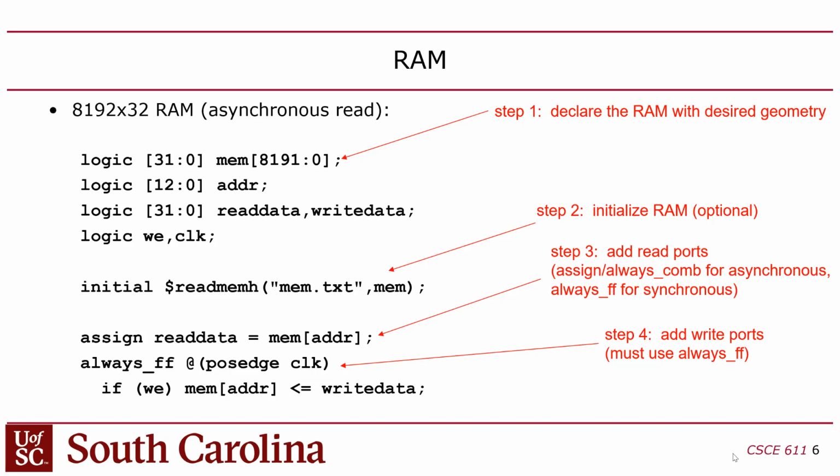It's file, dump memory, I think it is, and then you just say I want to dump the program, and it'll very conveniently be in a format that'll be read by this line of code without you having to change the file. It's just a coincidence. It just happened to work out that way, luckily for us, right? So you go into RARS and you dump your program as a hexadecimal text file, and then you combine that with readmemh, and this will load your program into your instruction RAM.